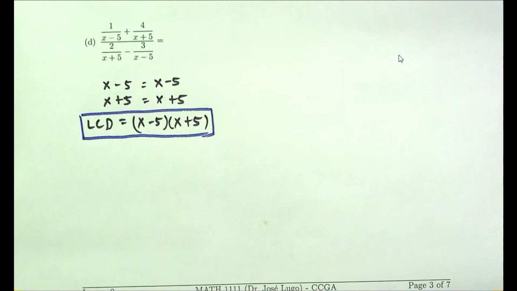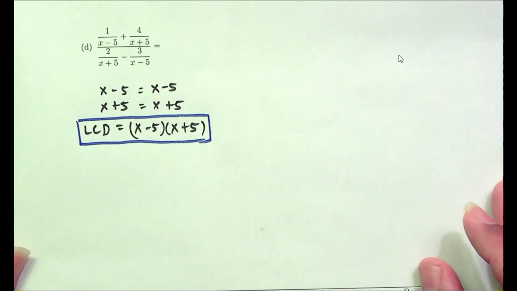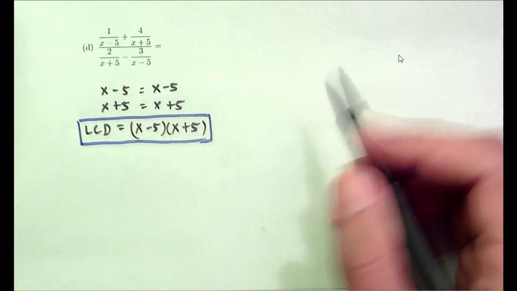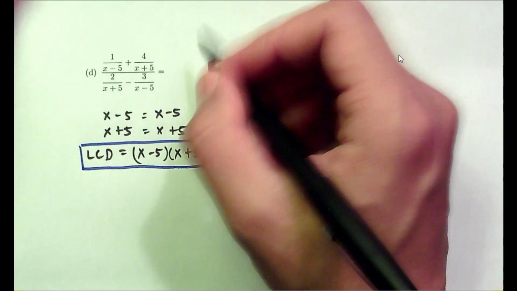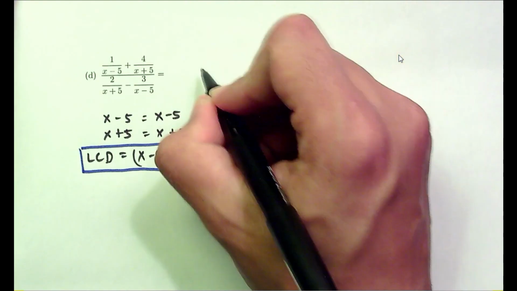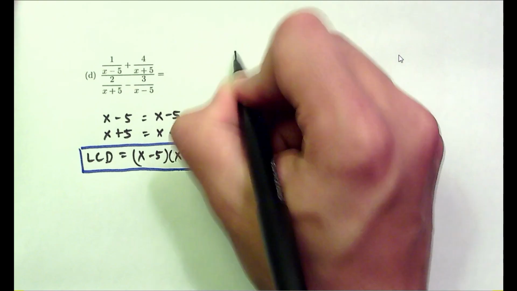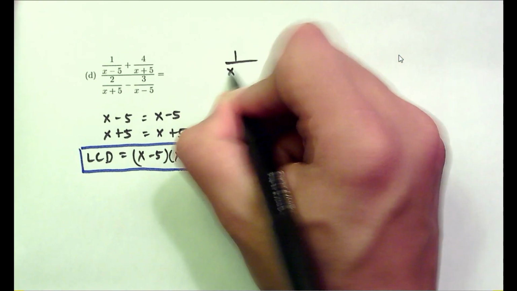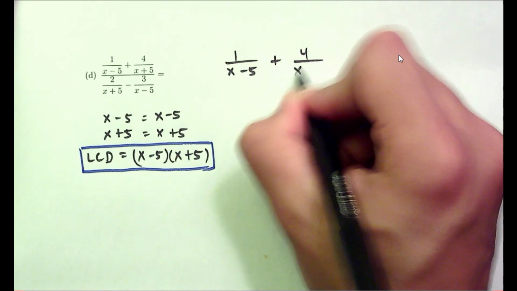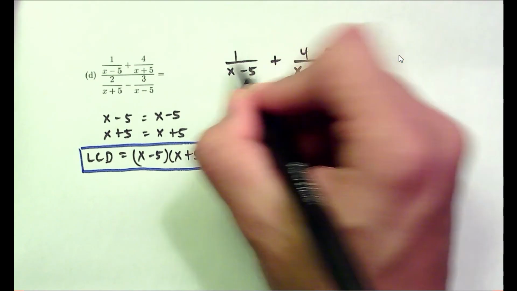Now we're going to use the LCD to multiply the top and the bottom by that, and that's going to get rid of those small fractions. So let's multiply by that. I'm going to copy this again. So this is going to be 1 over x minus 5 plus 4 over x plus 5. That's the top.